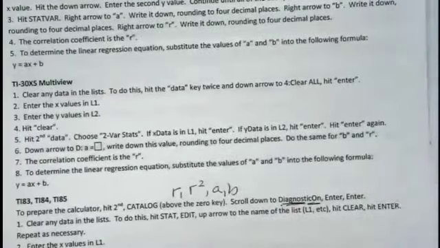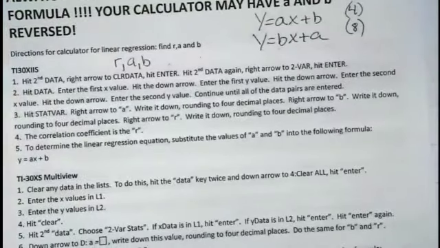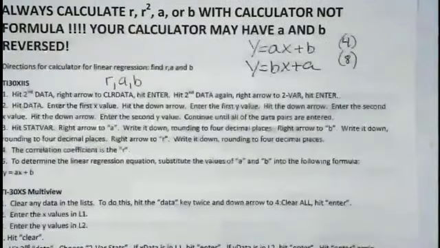So I strongly recommend you pause the video, go over these instructions for your specific calculator, and a couple of things. I want you always to clear all your data. I always want you to clear your data. I want you to set your data to accept 2 variable data for the first time.